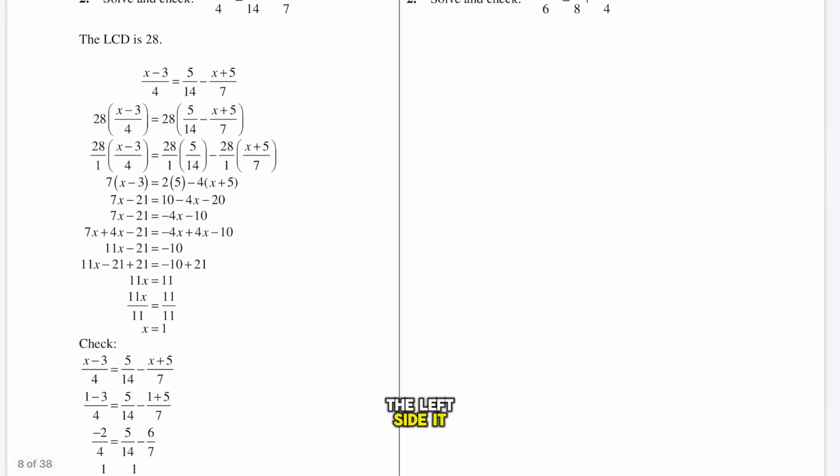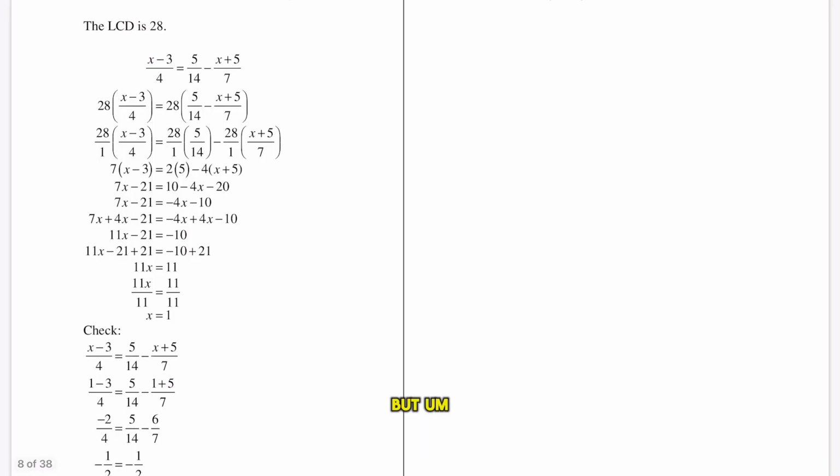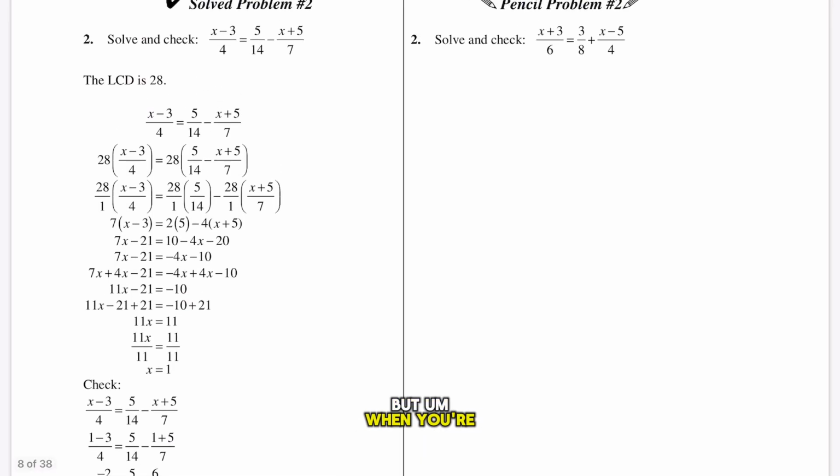If you look on the left side, it's a lot of work, but when you're solving problems that have fractions, you just need to find a common denominator. So for this one, the common denominator is 24. So you just divide everything that's in the denominator into 24.